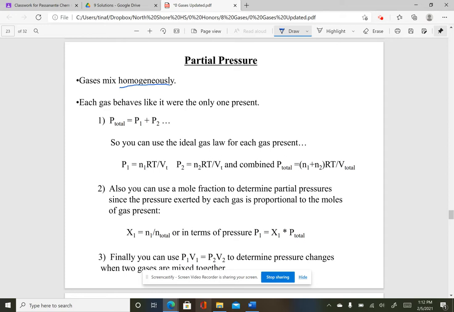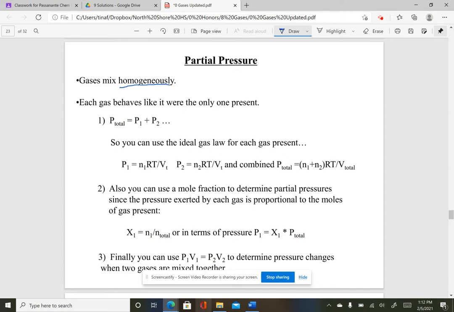Each gas behaves like it were the only one present, meaning, in typical gas fashion, the molecules are going to spread out as far as they can and take up the entire volume and the shape of the container. So the total pressure in the container is now going to be the sum of every single gas that's in there.